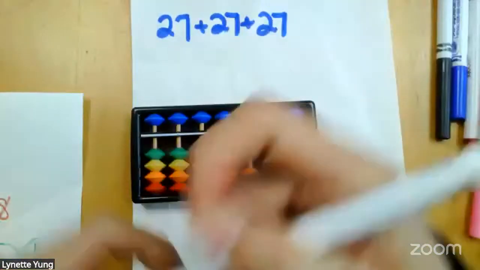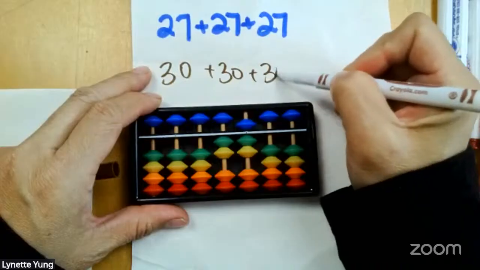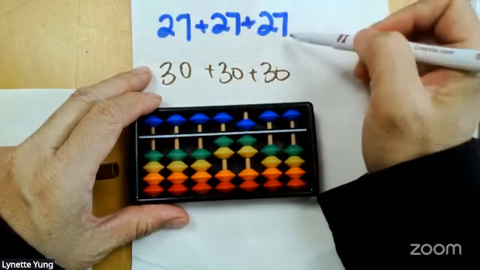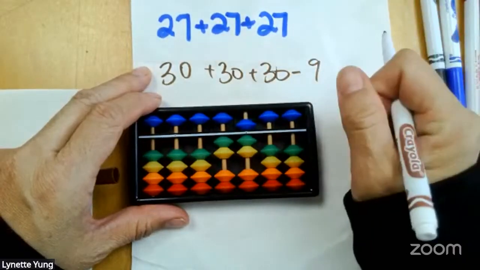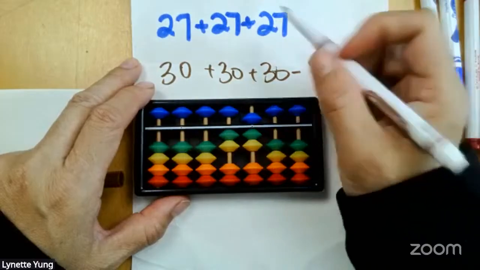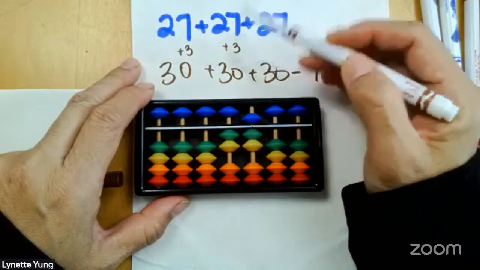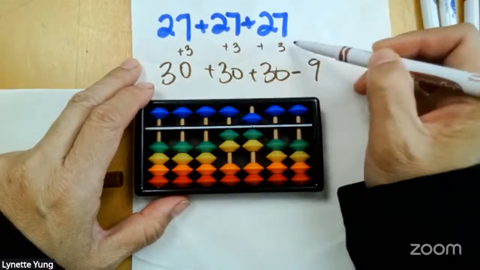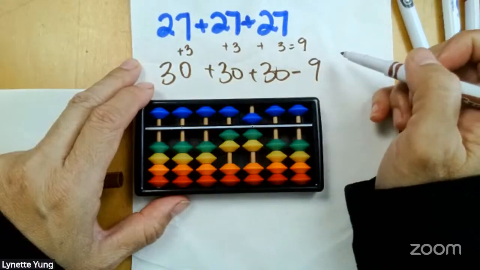The way they have it is they change it to 30 plus 30 plus 30, but because you added 3 to each of these, you need to minus 9. No, 3, because you added 3 here, plus 3 here, and then plus 3 here. This is equal to 9. So you have to minus 9.